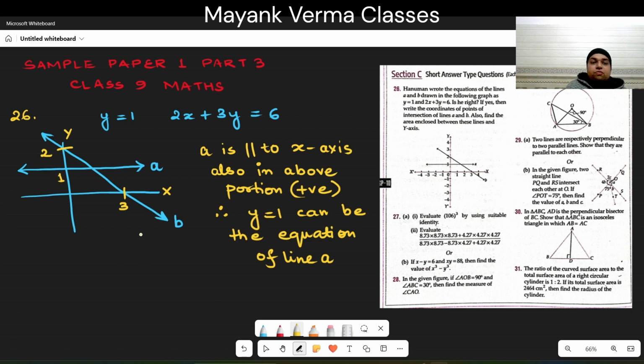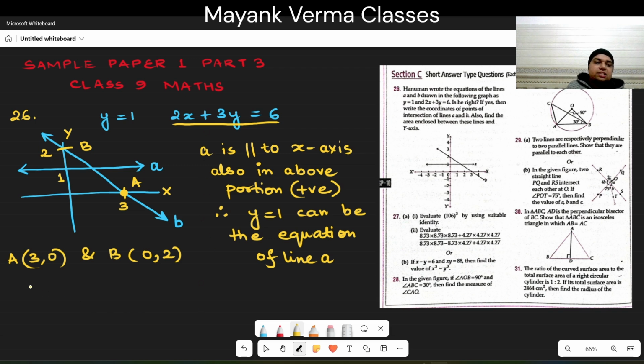So y is equal to 1 is the equation of line A. Let's talk about B. The points are 3 comma 0, point A, and point B, that is 0 comma 2. If these two points are the solution of the given equation, then I can say that line B represents this equation.